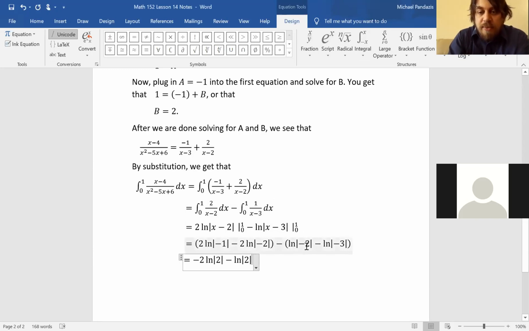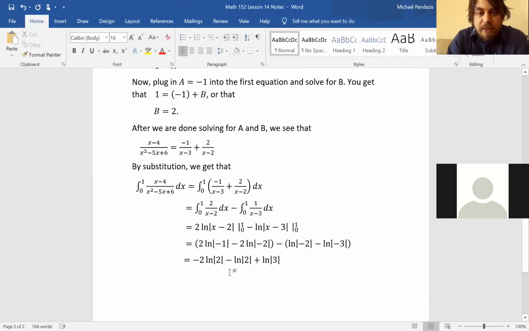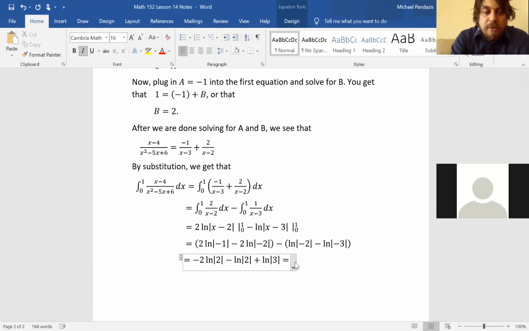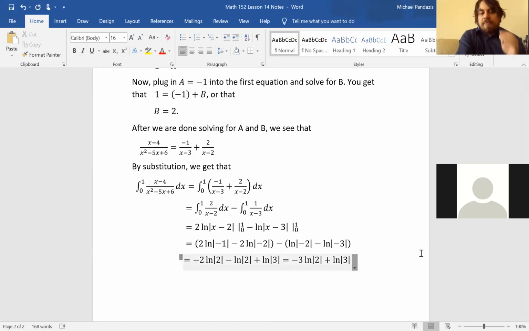This is minus, which is plus ln of the absolute value of 3, because the absolute value of minus 3 is the same as the absolute value of 3. Okay, and so then this minus this plus that, that's equal to minus 3 ln of the absolute value of 2 plus ln of absolute value of 3. And that's the final answer.